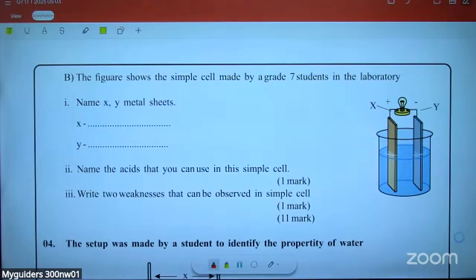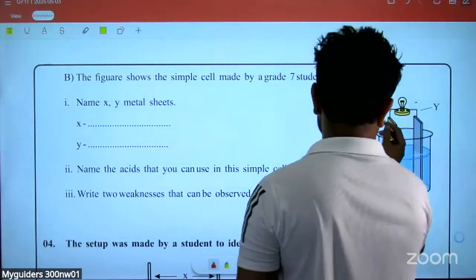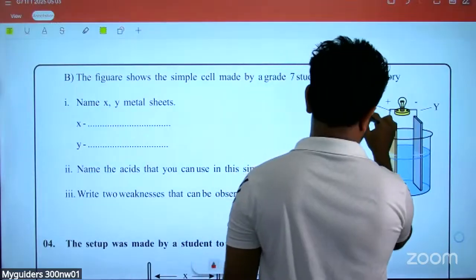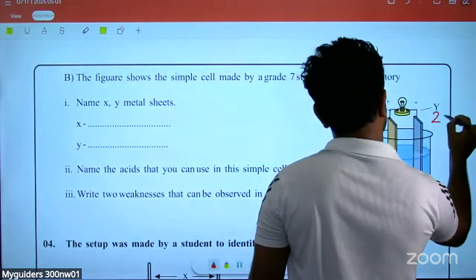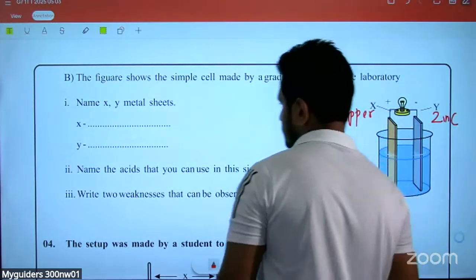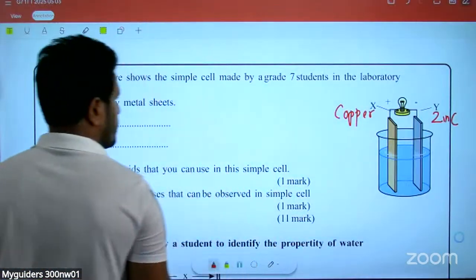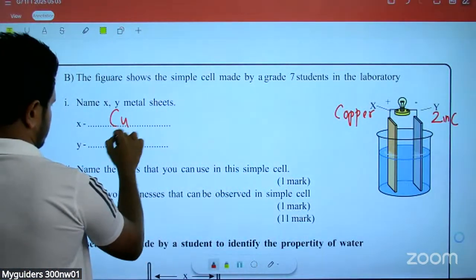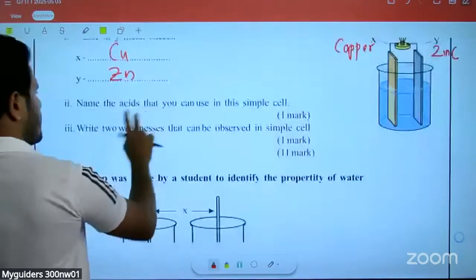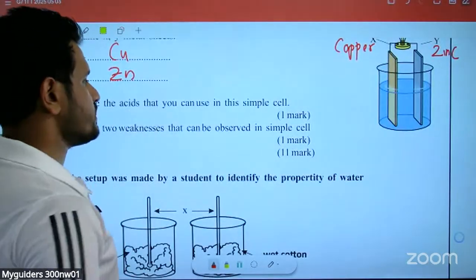We can use copper and zinc sheets. So the positive terminal is copper, while the negative terminal is zinc. X is copper, Y is zinc. Name the acids that can be used in this simple cell.